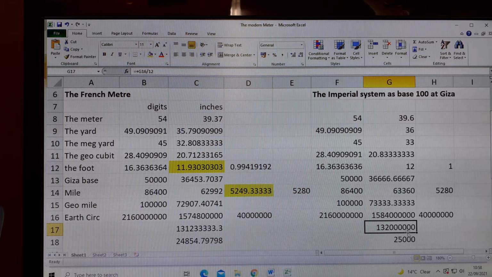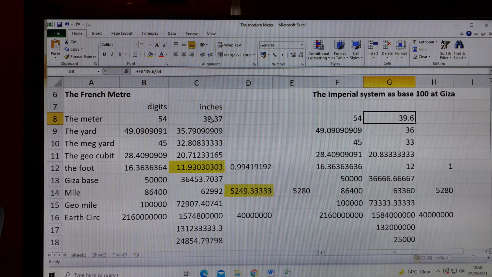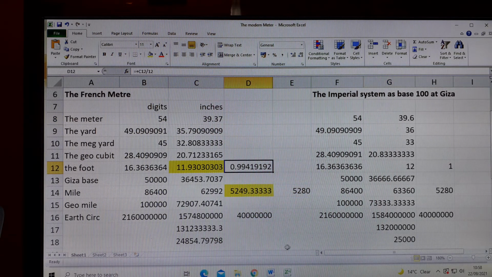Everything is scaled against this 25,000 miles. And when we scale this metre as the base, then this divided by this gives this scaling factor that we're using, which is the length of the French foot, and that's it in inches.